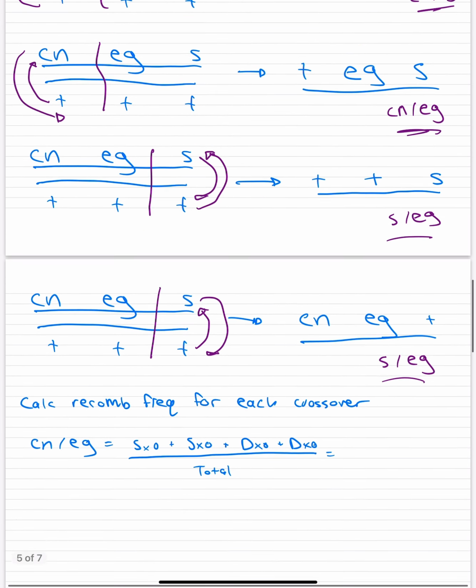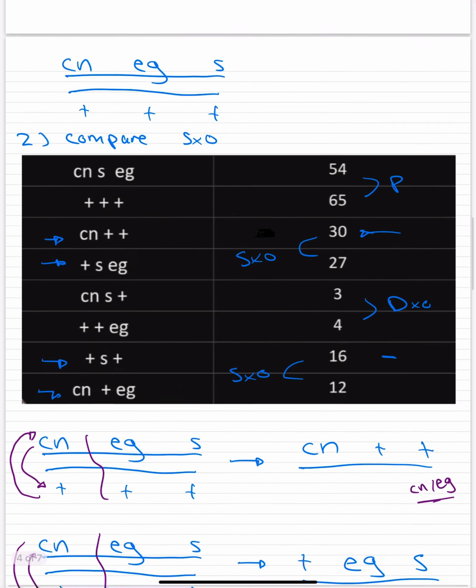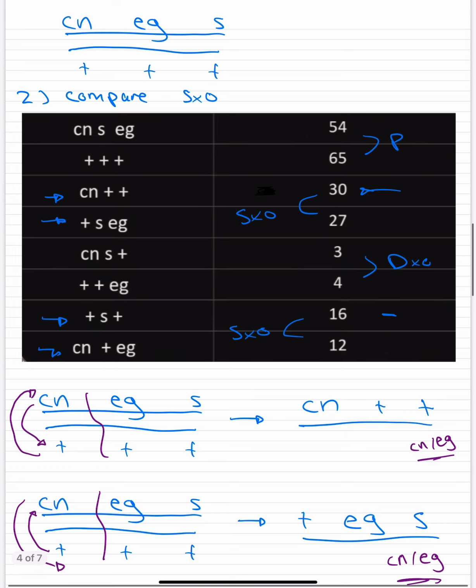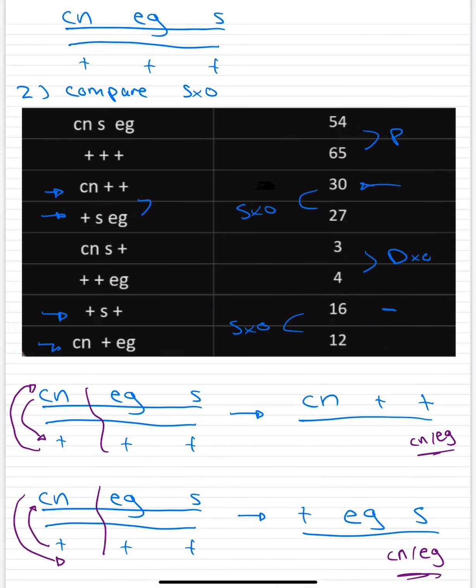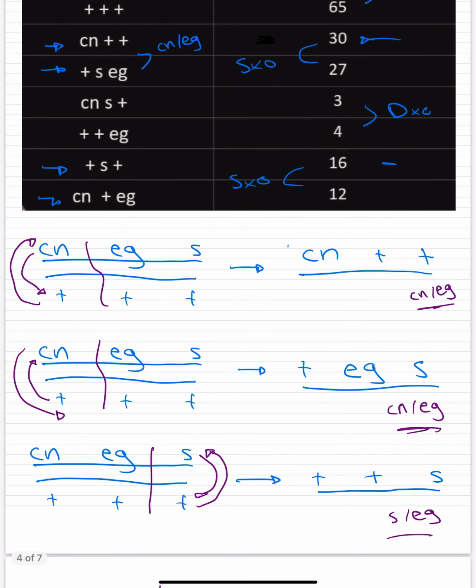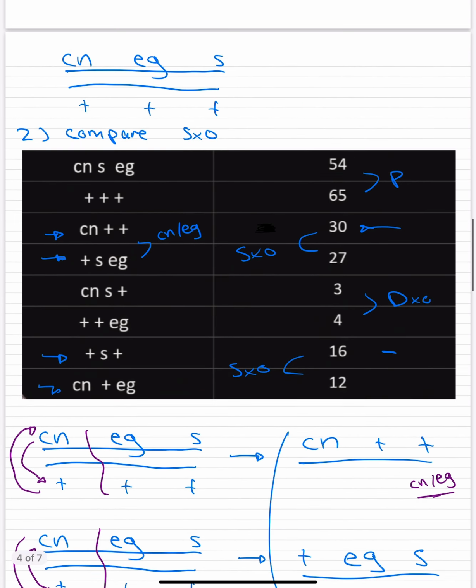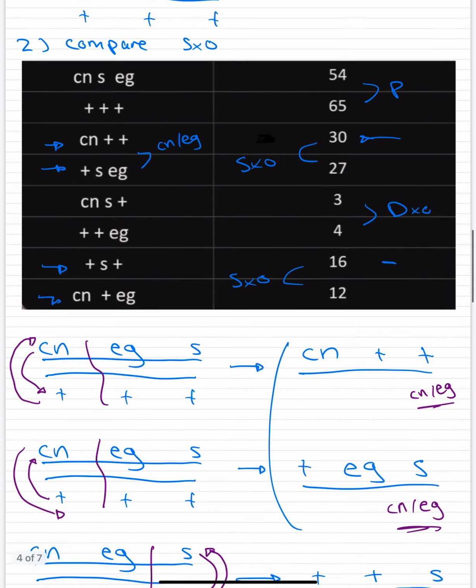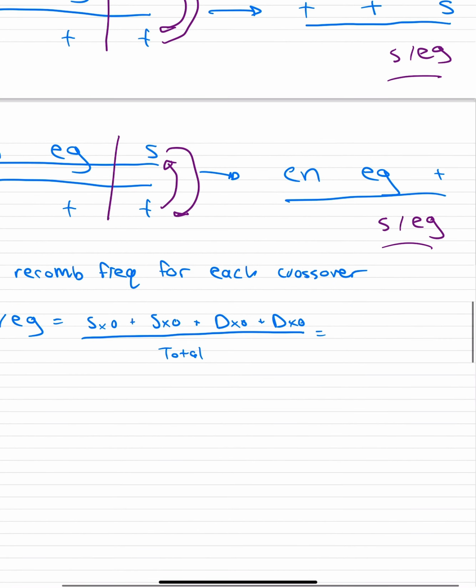So if we look at the progeny for the single crossovers, we know that these two crossovers right here were between CN and EG, because we calculated them right here, and we found out right here. And the values are 30 and 27. So we're going to have single crossover, 30, plus the other crossover, 27, plus both double crossovers, which were 3 and 4, over the total.